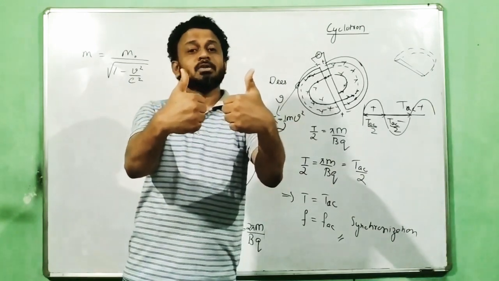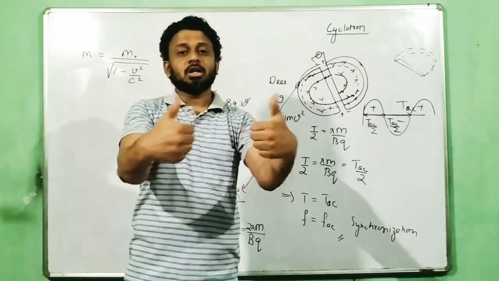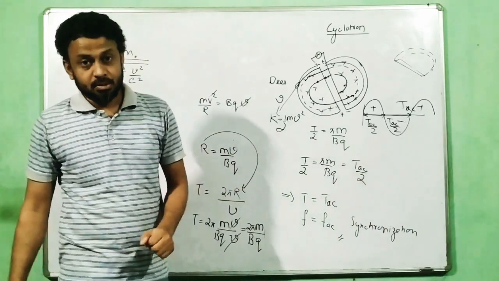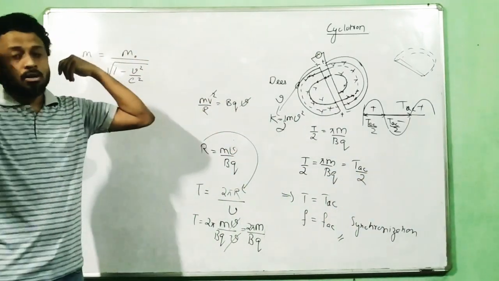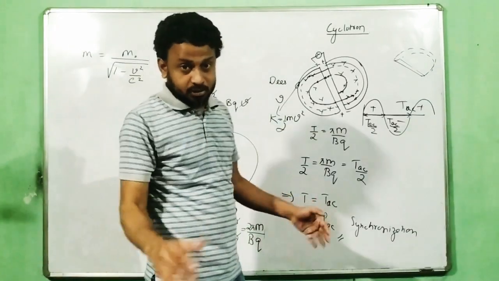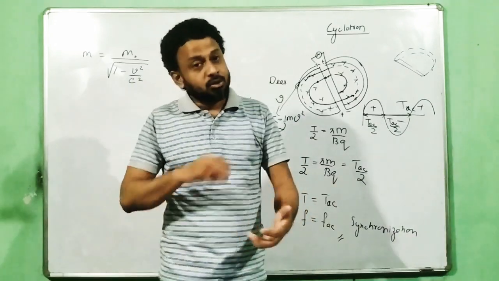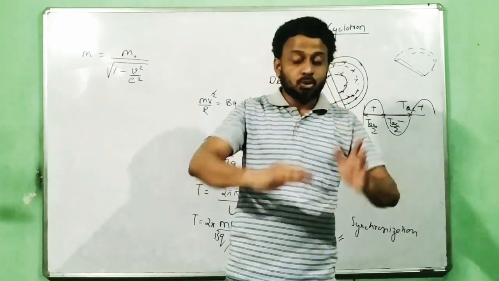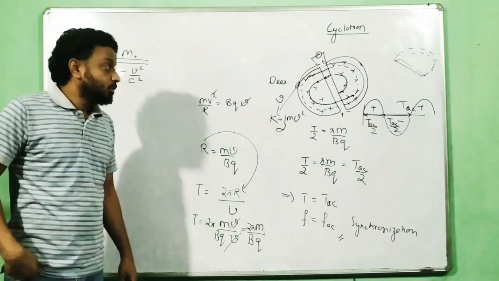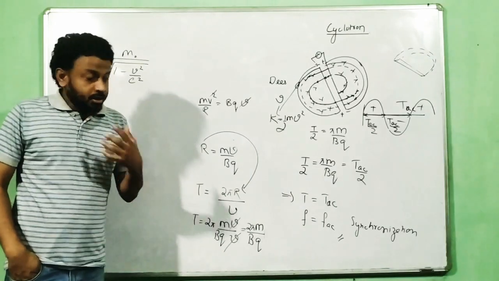But because of the relativistic effect, my frequency of rotation starts changing. So these two are not equal anymore, and it becomes out of step. If it is out of step, the whole cyclotron is of no use. Synchronization is very essential in order to accelerate the charged particle. So this is the reason why we don't prefer electron in cyclotron, because it has very, very less mass.